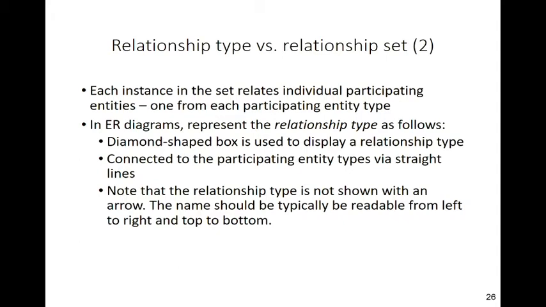We write it one way, but you can read it back the other way as well. So one of the key things about creating entity relationship diagrams is performing the idea of going in both directions to make sure that it makes sense to set up those kinds of relationships.